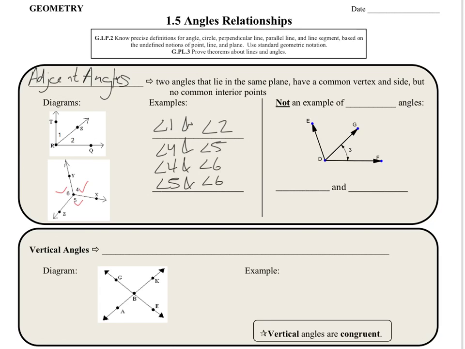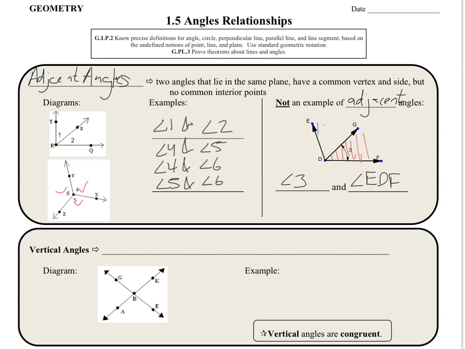Now we are going to look at examples that are not examples of adjacent angles. So this means that they are not side by side, or they have common interior points. So an example in this case of two angles that are not adjacent are angle 3, which I'm going to shade, and also angle EDF.